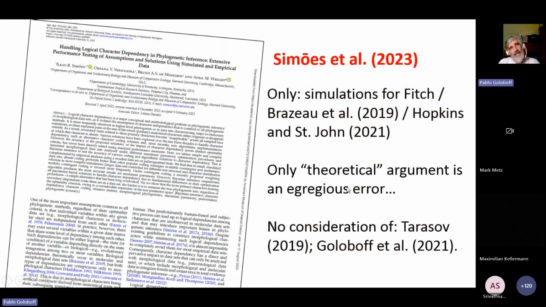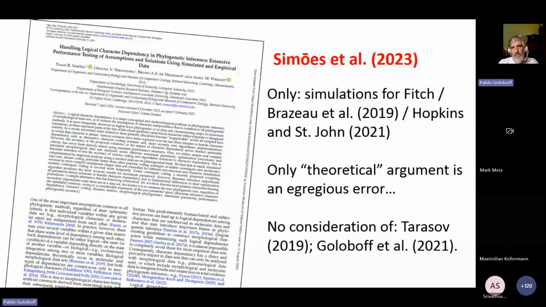Another paper that dealt with the problem of inapplicable characters was the paper by Simons et al. in 2023, but they only did simulations using the Fitch method, Brassot et al. 2019, and Hopkins and Sanchon's method. Remember the one that lowered the weight of multiple dependent characters.